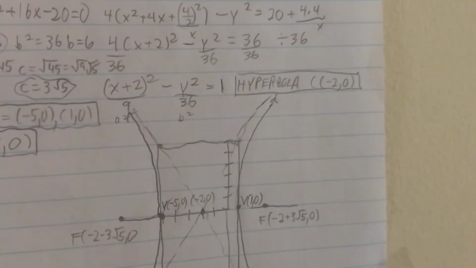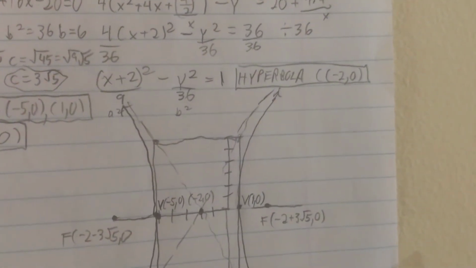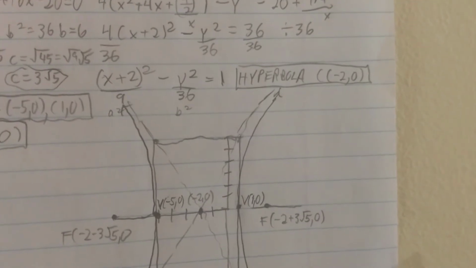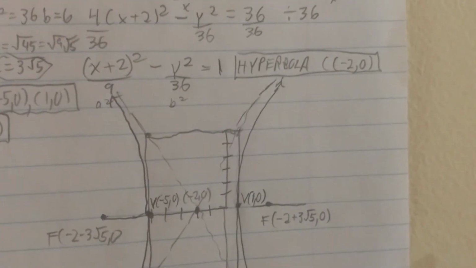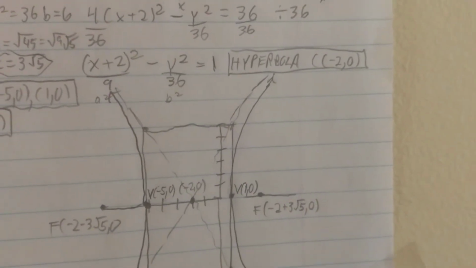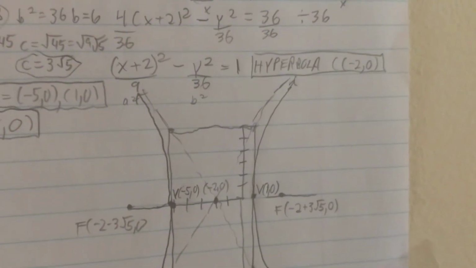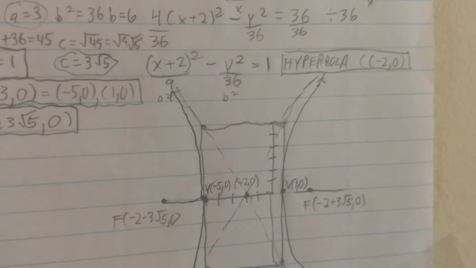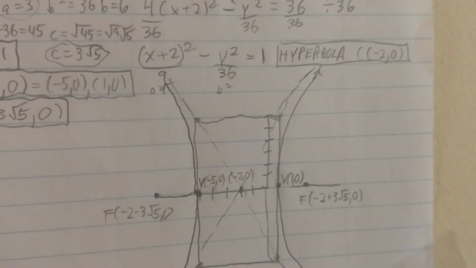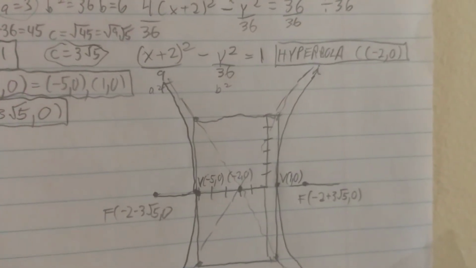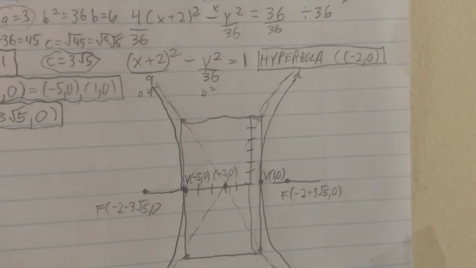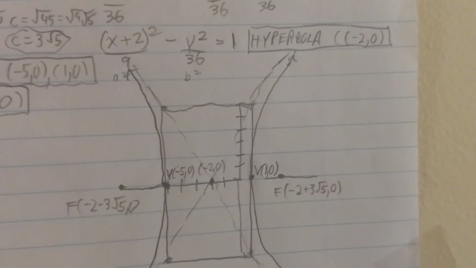And like we did yesterday, we divide by 36 everywhere to get it equal to 1. So 4 over 36 is 1 over 9, and y squared is just over 36. And so the completed simplified equation is x plus 2 squared over 9 minus y squared over 36 equals 1.